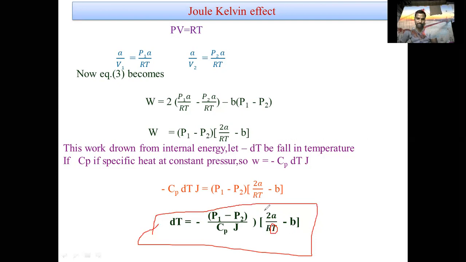Suppose this 2A by RT minus B value is positive, then the dT value is negative, that is the fall. That is the first case.